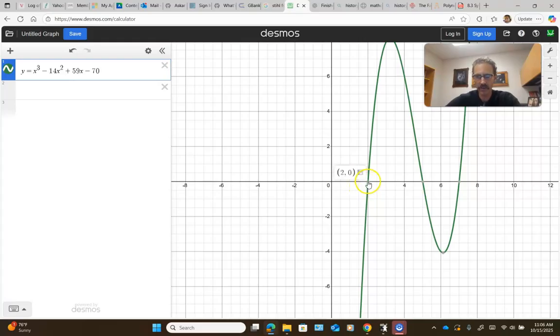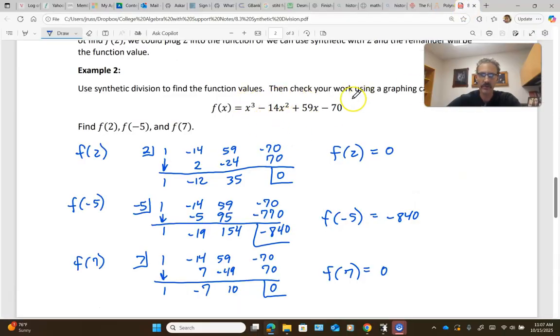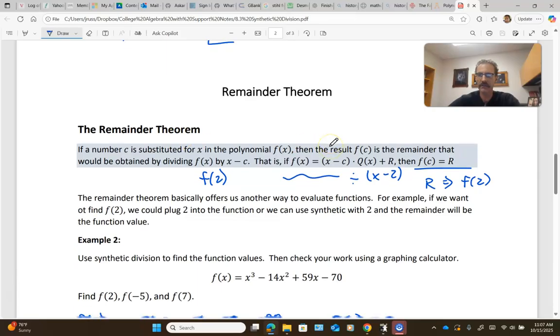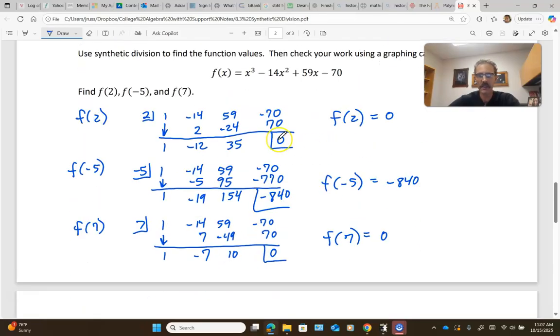At 2, which was a 0, and at 7, which was a 0, and then evidently 5 is also a 0 of this polynomial. Okay, it's a third-degree polynomial, so it should have 3 zeros. All this remainder theorem tells us, though, is that using synthetic division is just another way that we can evaluate a polynomial.